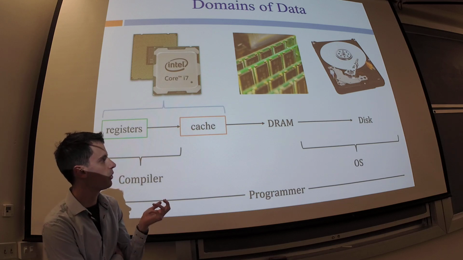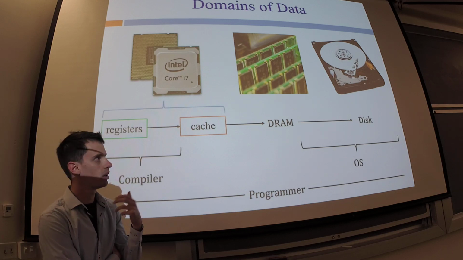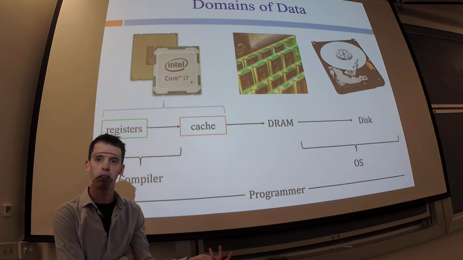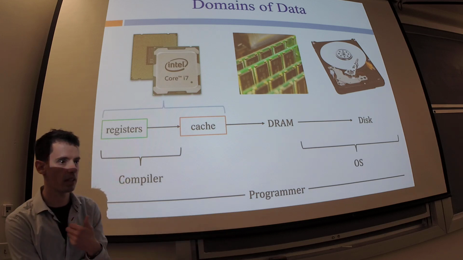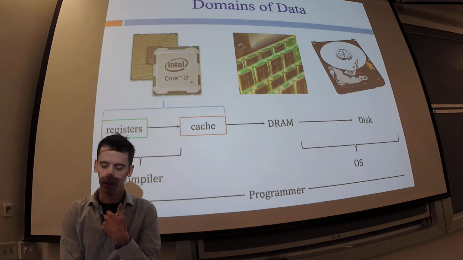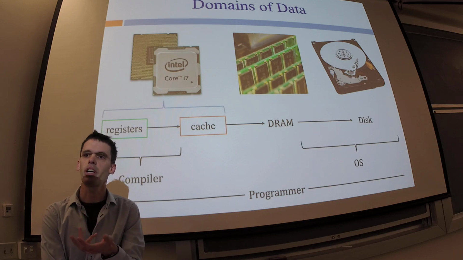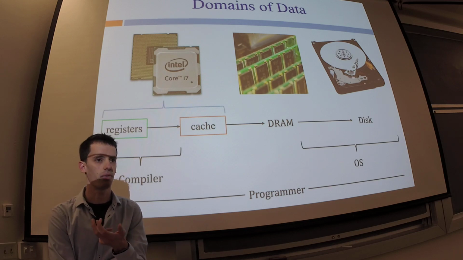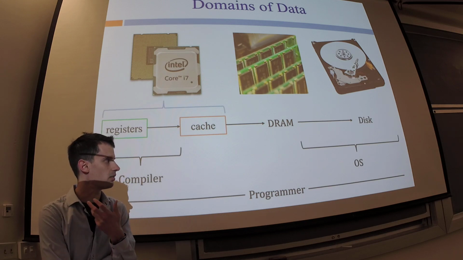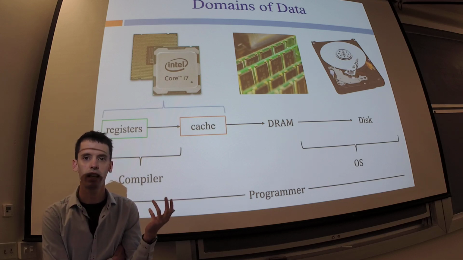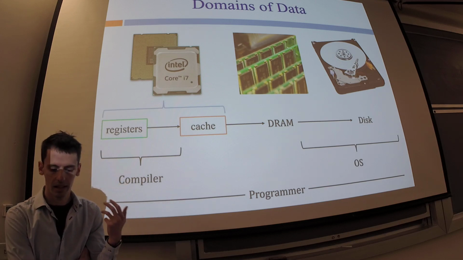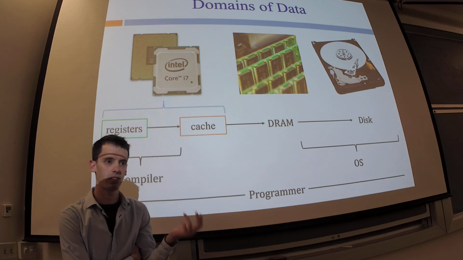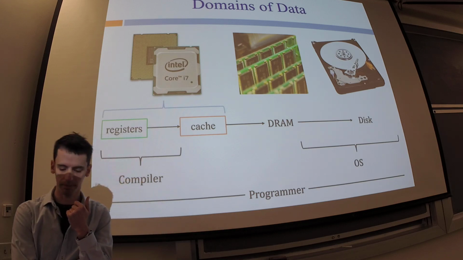How and when does the OS decide to move data out of RAM and onto disk, or off of disk and back into RAM? At least in order to be a really effective programmer, you have to know how all of that stuff works. And there are various classes you maybe haven't taken yet that go into the details of that. This class will be one of them that starts to go into those details.